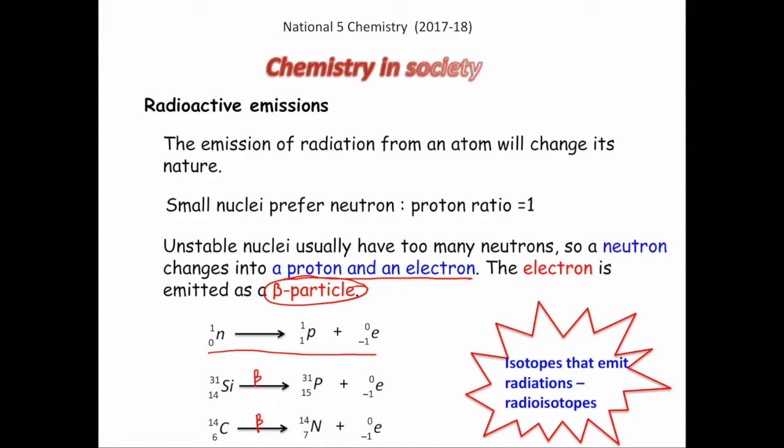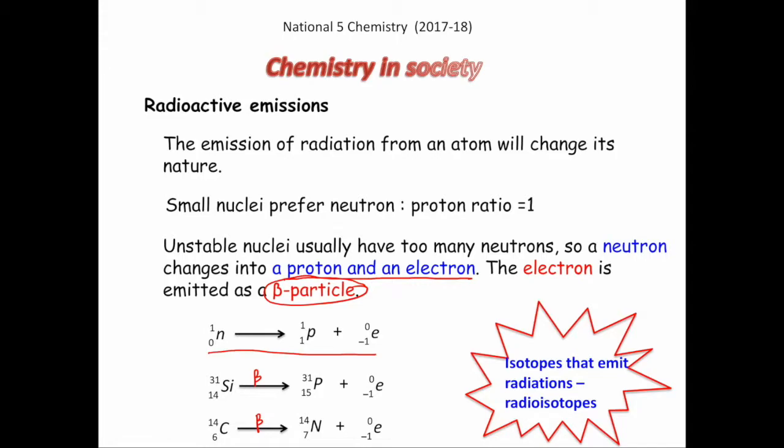So silicon has atomic number of 14, phosphorus, which is produced as a result of beta decay of silicon, has atomic number 15. Carbon has atomic number 6, and nitrogen, which is the product of radioactive decay of carbon, has atomic number of 7.